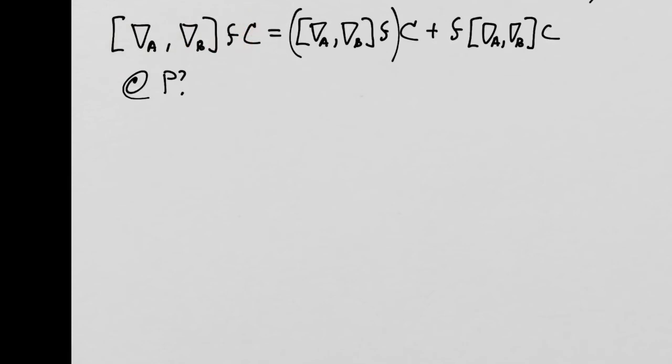But if we look a little more carefully, we realize we can't put f equals 1 too quickly, because this is taking a derivative of a function. So we put f equals 1, okay, so this guy goes away, which leaves us with this commutator on c.